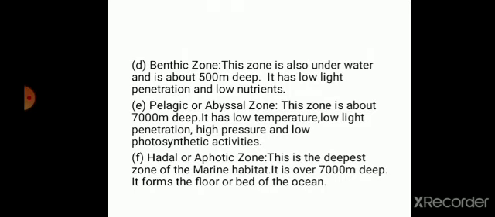Now let us look at the next zone, which is the pelagic or abyssal zone. This zone is about 7,000 meters deep. It has low temperature, low light penetration, high pressure, and low photosynthetic activities.